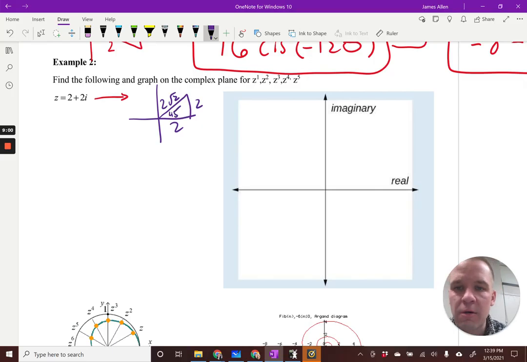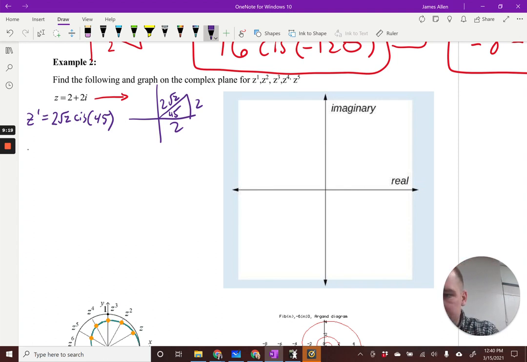Okay. So now my polar form of this is going to be, so z to the first is going to be 2 root 2 cis 45. Okay, so that's super helpful here when we move forward.